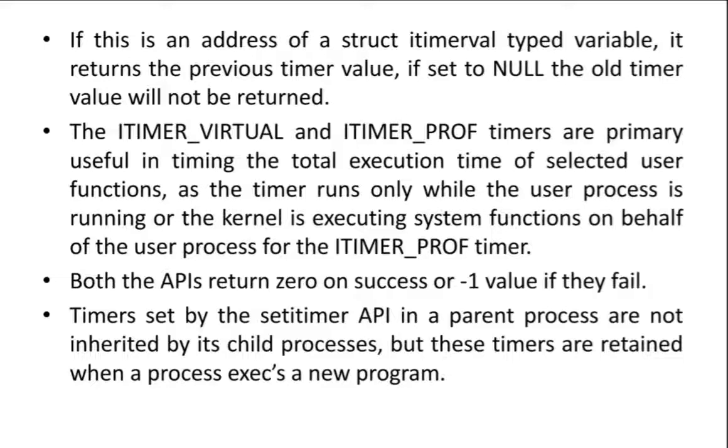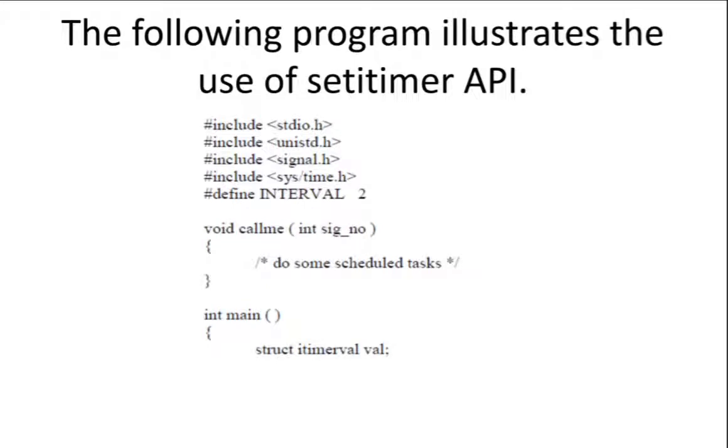That process is going to use this, and the child process of that particular parent process is not going to use this set timer API. Only the process that created the interval using the set timer API is going to use that. No other process, no other child process of this parent process, is going to use this API, right?